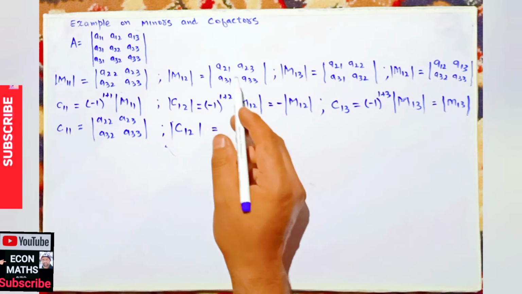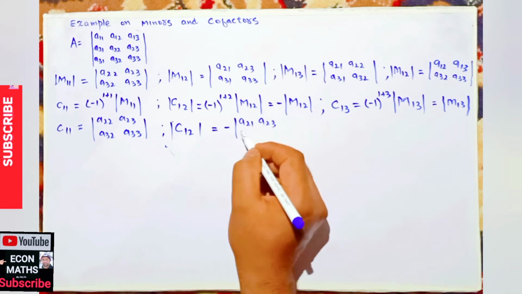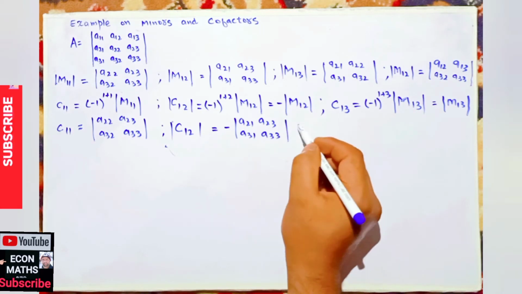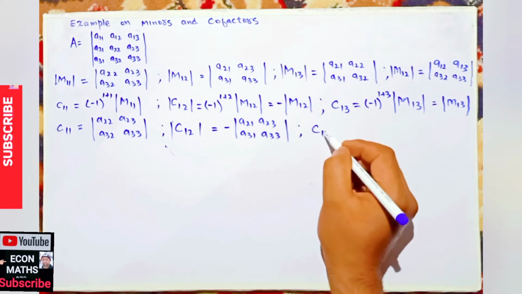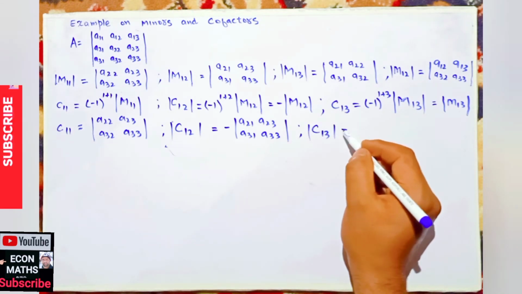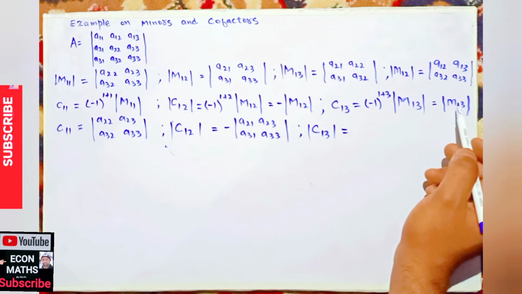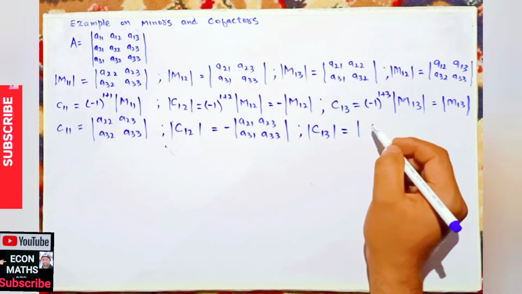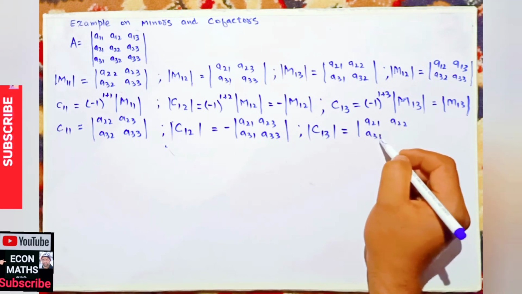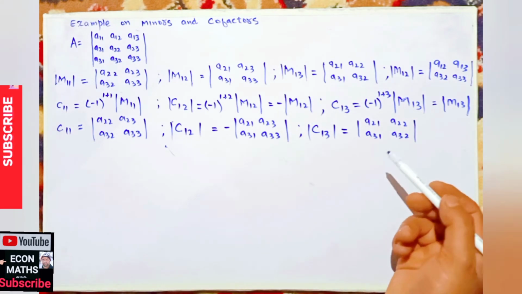Similarly, the third cofactor C13: the sign of the third cofactor is positive, as we have seen, and our minor at that place was A21, A22, A31 and A32. So accordingly we can find the sign of the minor.